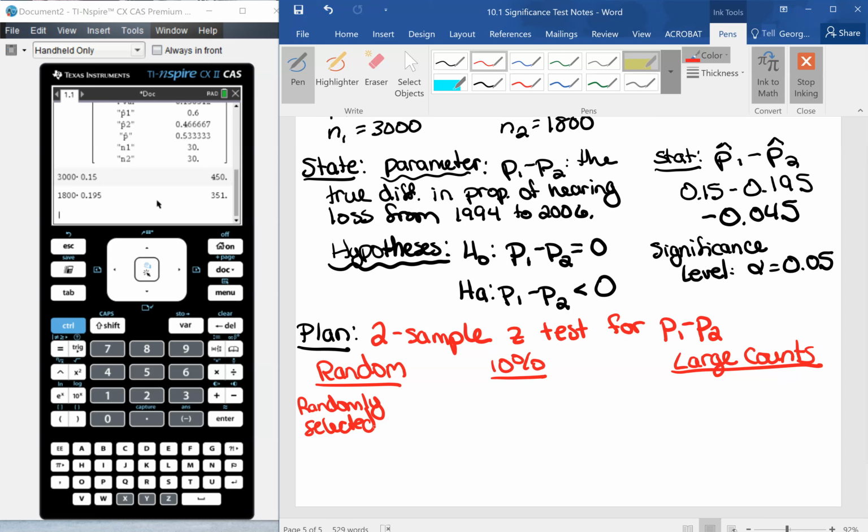It doesn't say the U.S., so it could be the world. We don't know. It could be a state, for all we know. But either way, 3,000 is still going to be smaller than 10%. And if 3,000 is smaller than 10%, 1,800 is definitely smaller than 10%.